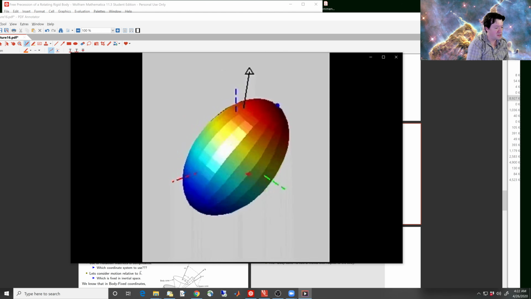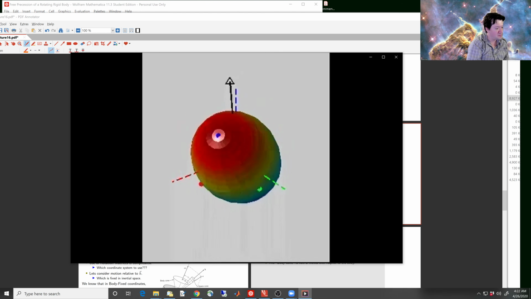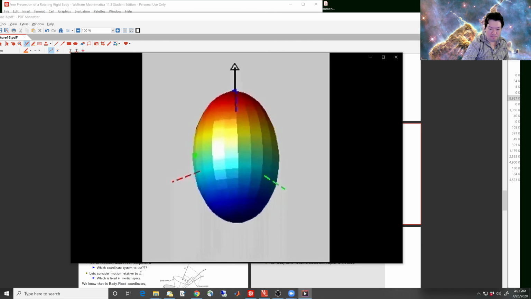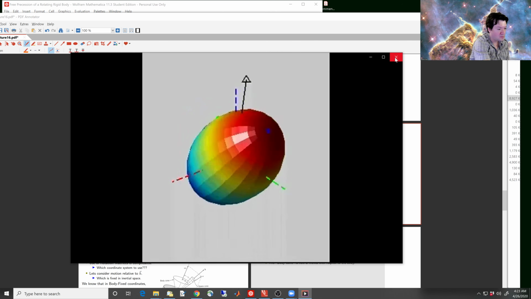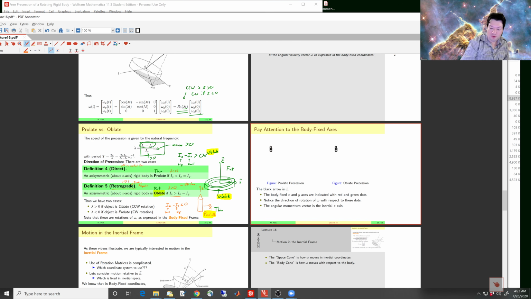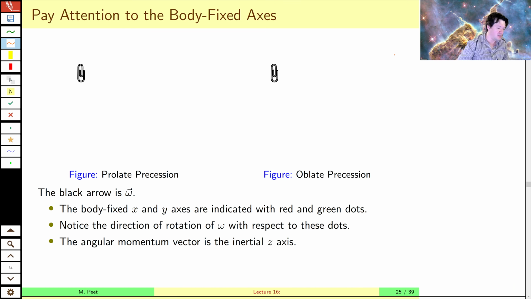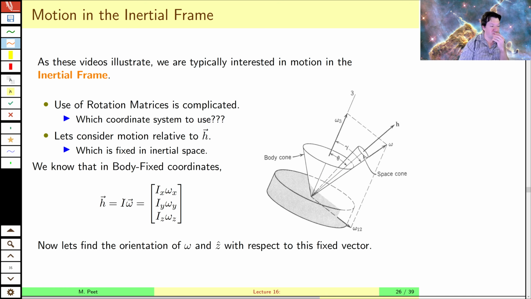This is in the inertial frame. So if you open the lecture, you can look at those. Again, the black arrow is the angular velocity vector, and these are in the inertial frame, attached to the angular momentum vector.